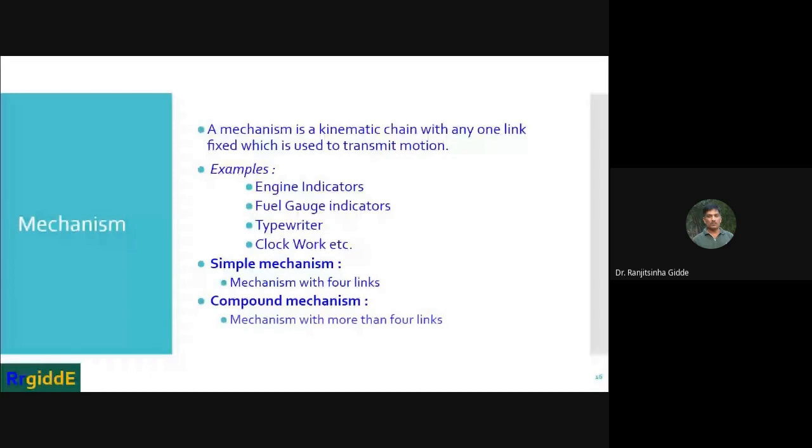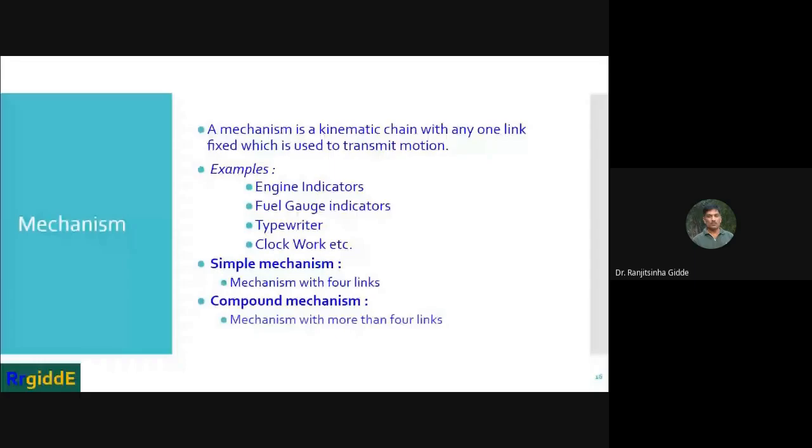The spring tension works, and that motion is transmitted to rotate the hour hand, minute hand, and the second hand. Then there are two types of mechanisms. First one is simple mechanism, and second one is called compound mechanism.